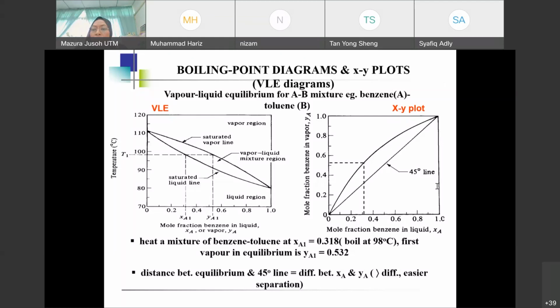I'd like to see some response in the chat box. Do you know the principle, or do you know how to read the VLE diagram? Tahu ke tak? Cuba jawab dengan suara juga. Aku tak nak type kat situ pun. Petang-petang ni semua orang nak tidur because you've been on a break for a week. Not everyone is asleep. Ya ke? Are you asleep?